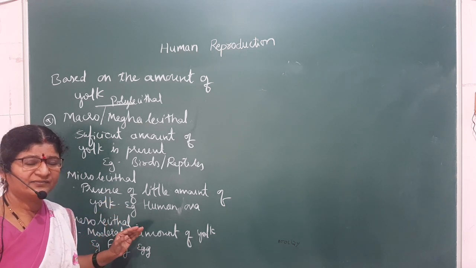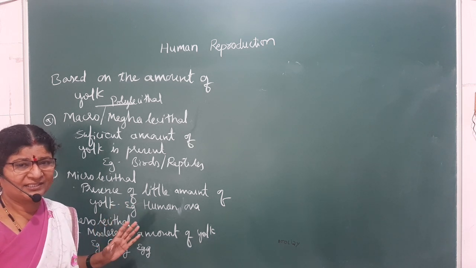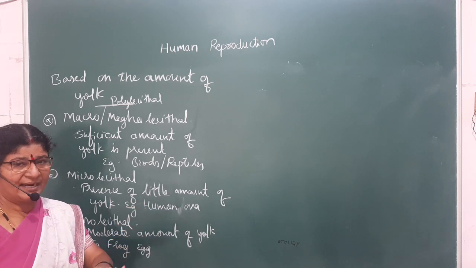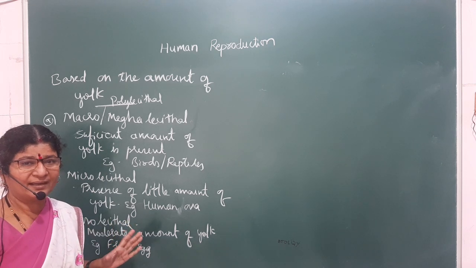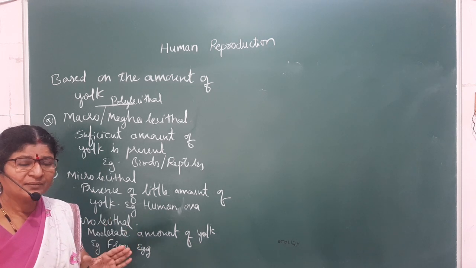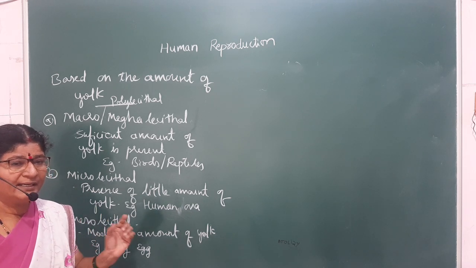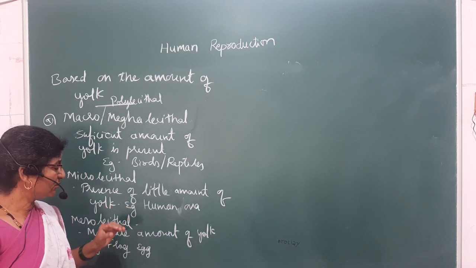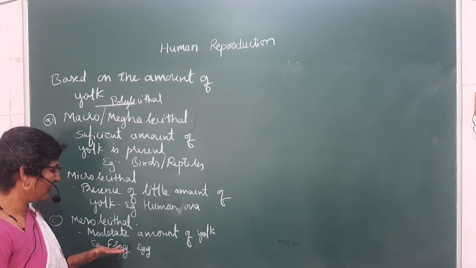You have seen the life cycle of frog, and in the frog you will see the larval stage, then it will grow into young one, adult one. The larva will not resemble the adult. To resemble the adult, the larva has to feed and grow on its own. Such type of eggs are called as mesolecithal eggs.